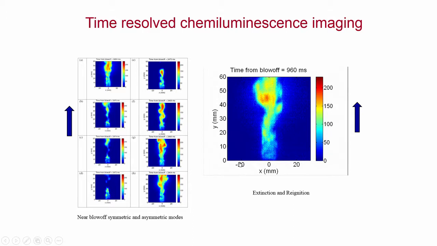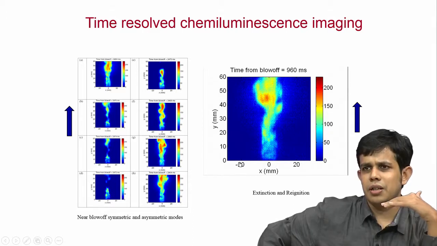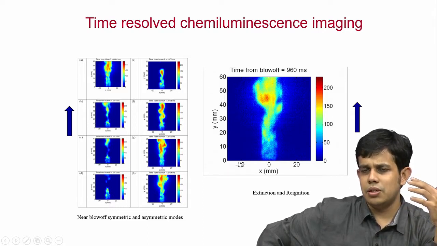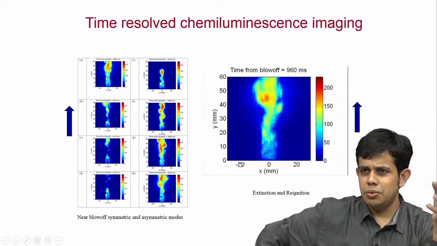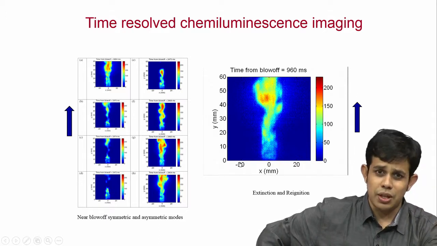So, you cannot really obtain the ground state population of the radicals which are emitting this light. Okay. You cannot do that, but you can do that in the PLIF.